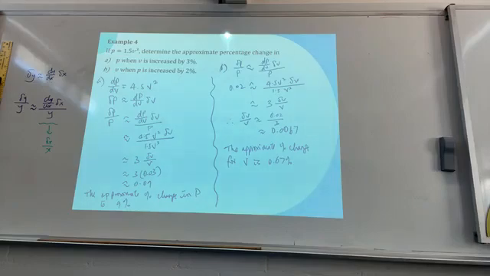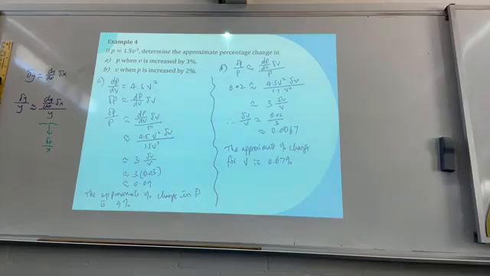So you don't actually need to know the rate of change. You just need to be able to manipulate the equation until you get delta X over X. So that's like the percentage, right? So 3 times 0.03. Are you all happy with the procedure that I'm showing you?